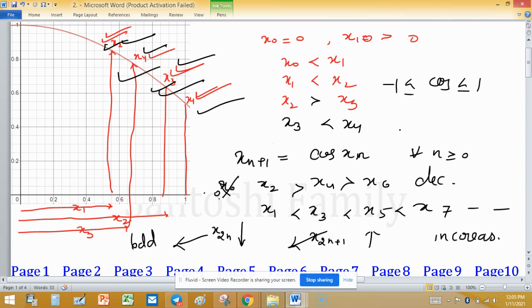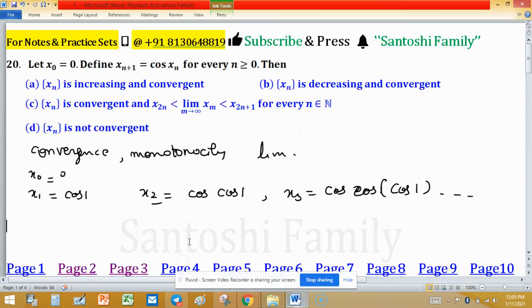So xn is a convergent sequence. So options B and C both contain convergent. So option D is discarded at this stage because we know xn is convergent.